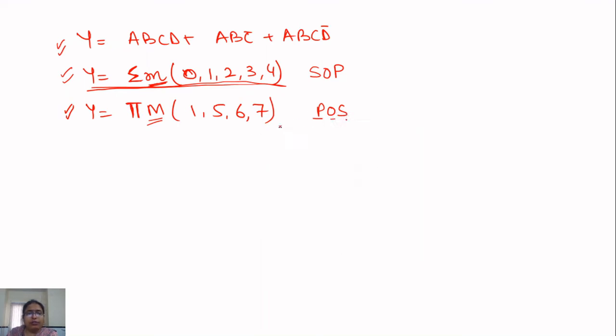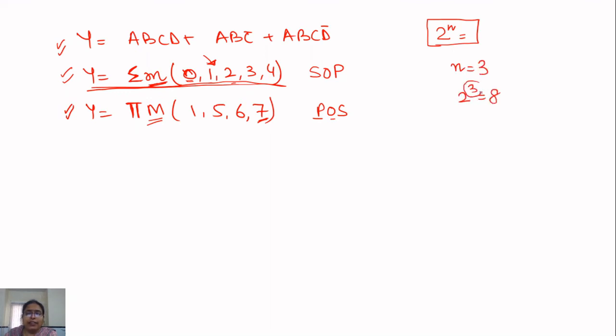So let me also tell you what these numbers 0, 1, 2, 3, 4 in the minterms signify. They signify which terms are present in the Boolean expression. Now this 7 also represents how many variables are present in the Boolean expression. As we know, 2 raised to power n is generally used in digital. So if n is equal to 3, then 2 raised to power 3 is equal to 8.